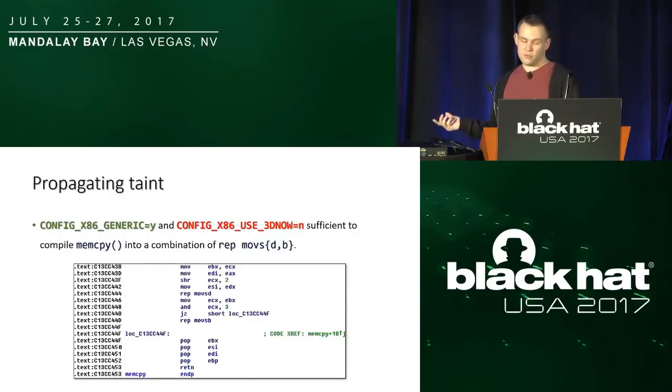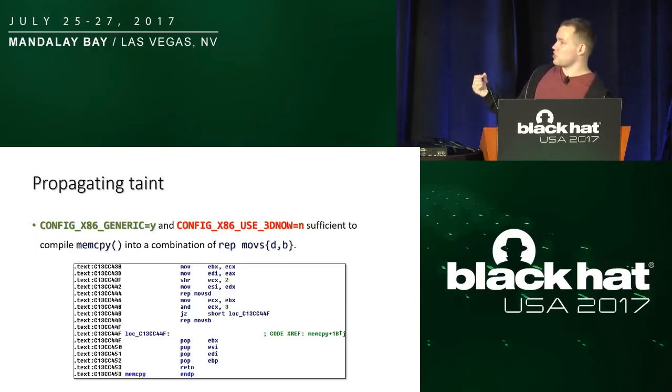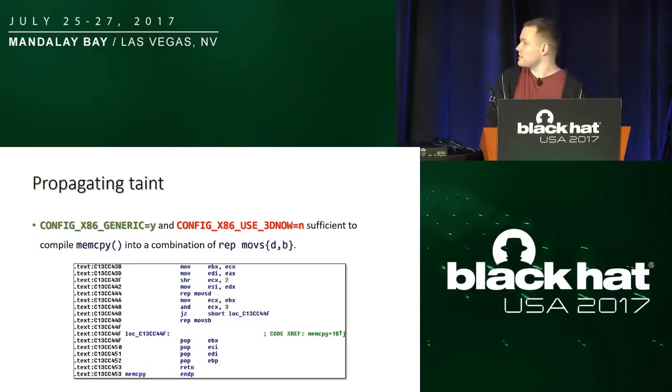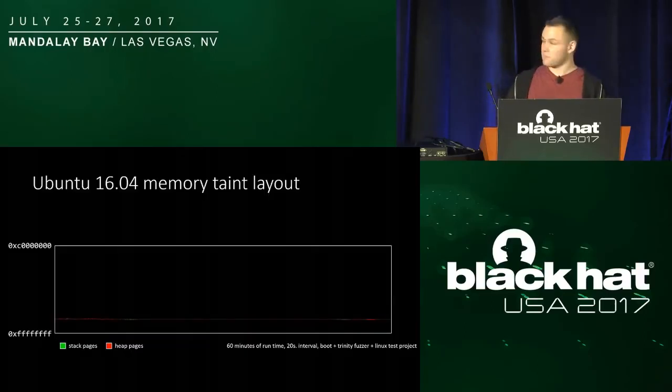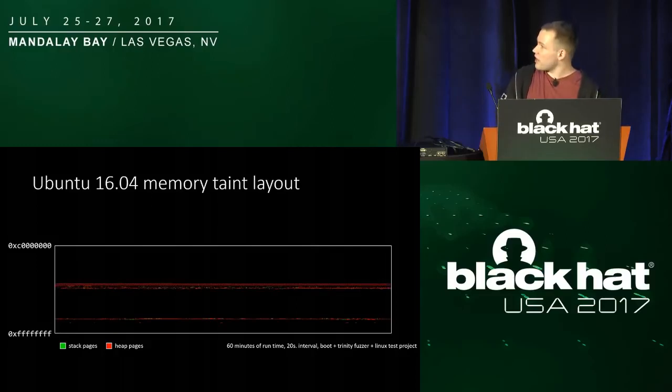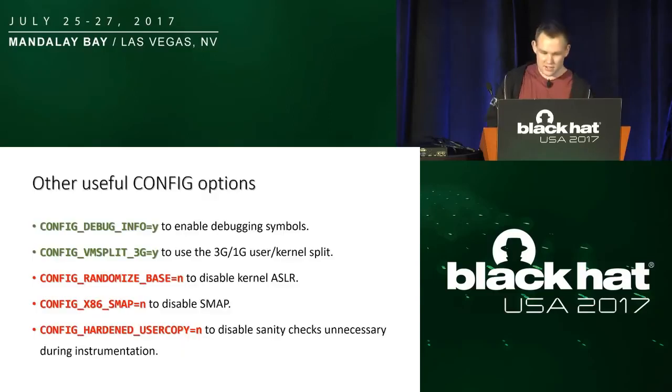Other than that, we have a few flags that we have to set in the config in order to make the memcpy function be compiled into a set of rep movsb instructions. We have this visualization of Ubuntu memory layout, which I'm going to skip right now.